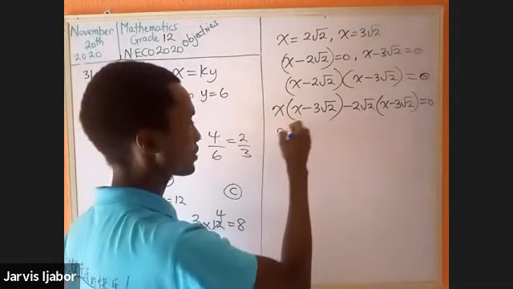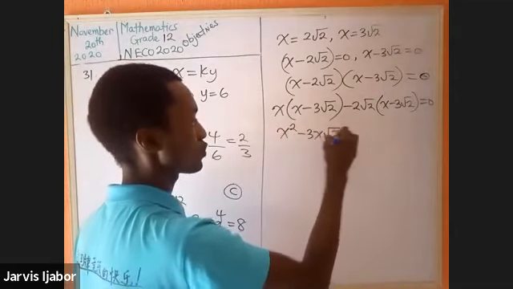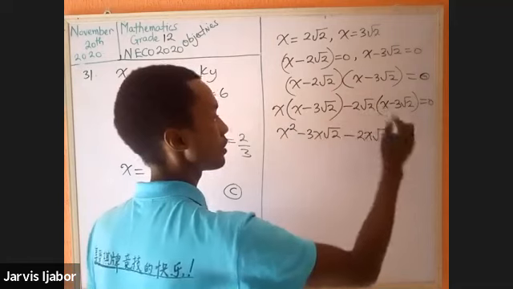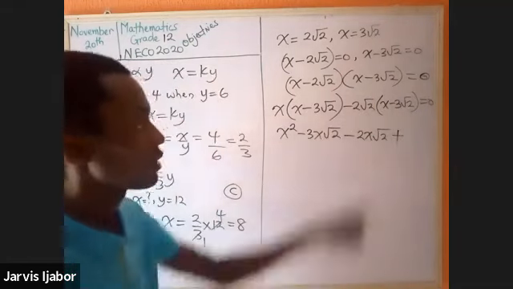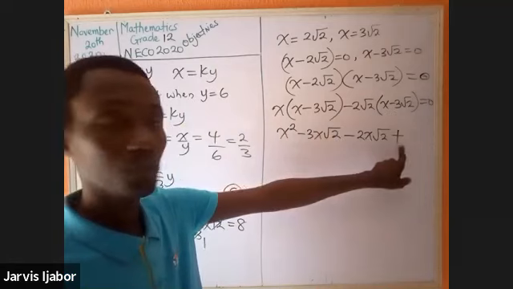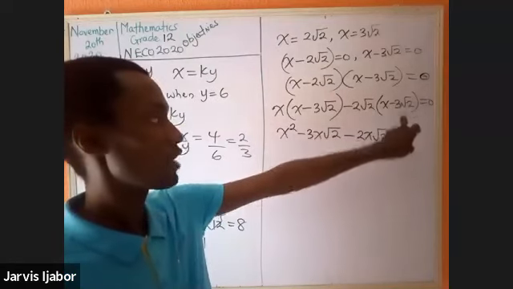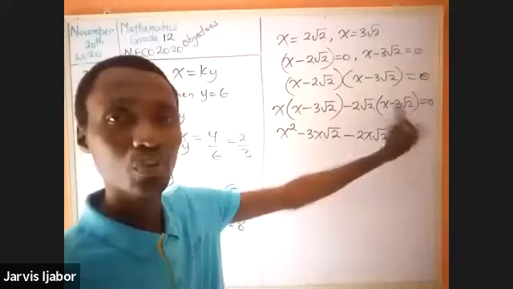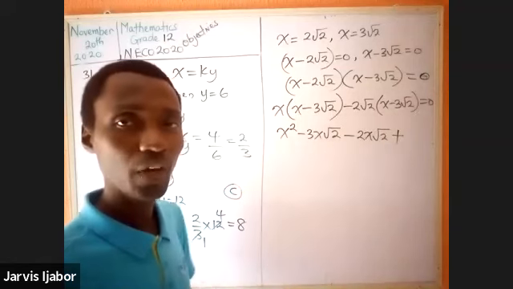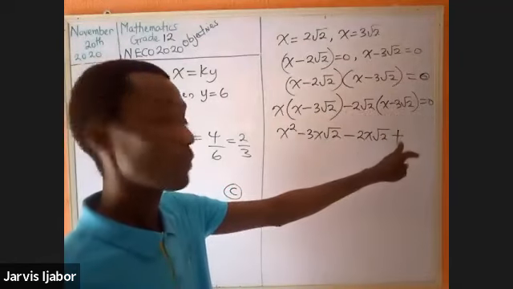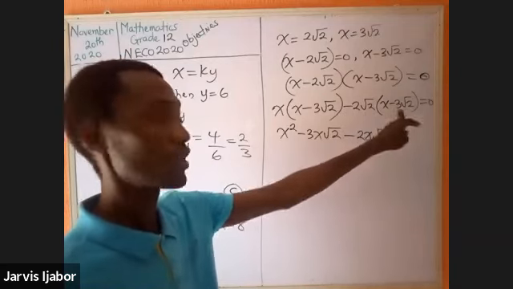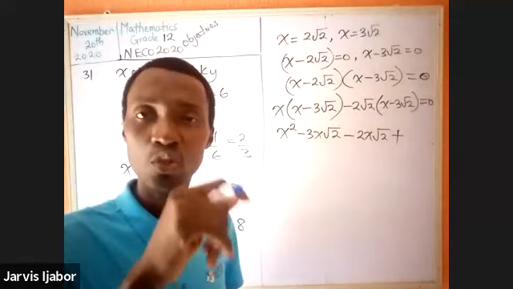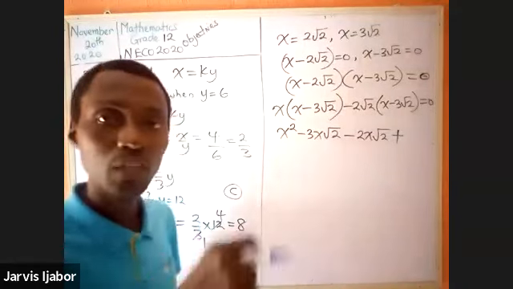You open up the bracket: x squared minus 3x root 2 minus 2x root 2, plus negative and negative will give me positive. 2 times 3 will give me 6, times root 2 times root 2 will give me 2. So 6 times 2 will give me 12. I'll come again. Negative times negative will give me positive. 2 times 3 will give me 6, and then root 2 times root 2 will give me 2. So 6 times 2 gives me 12.